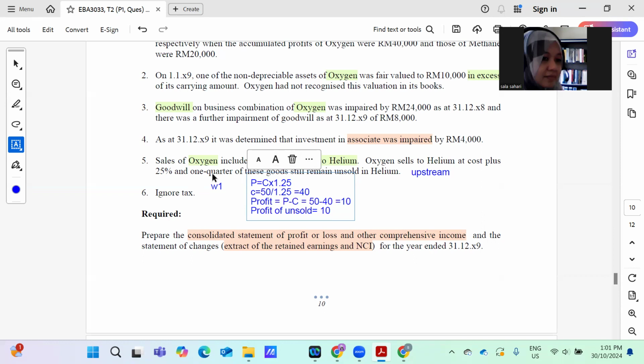So that's why you need to divide it by 4 or multiply by 25%, 1/4. So you should get 2.5. That is the profit of unsold that you need to charge to include inside your cost of goods sold.